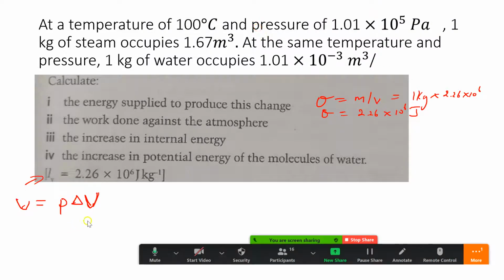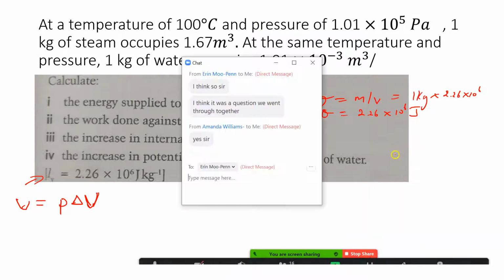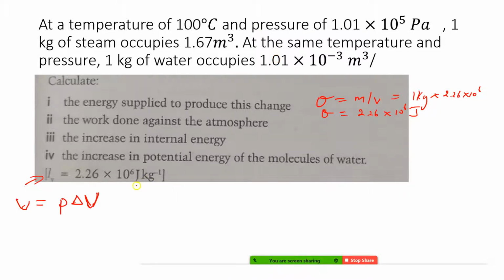So we can use that information to find the amount of work that was done against the atmosphere. In this case, I expect that the answer should be a negative work, because once you're doing work against the atmosphere, the work is going to be negative, right?